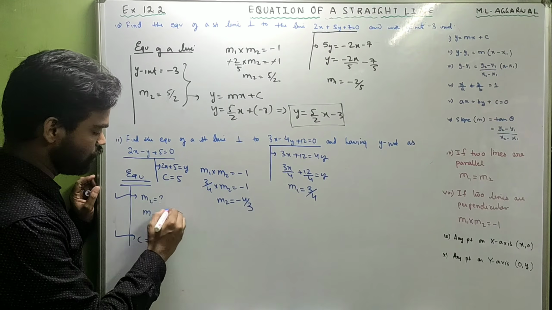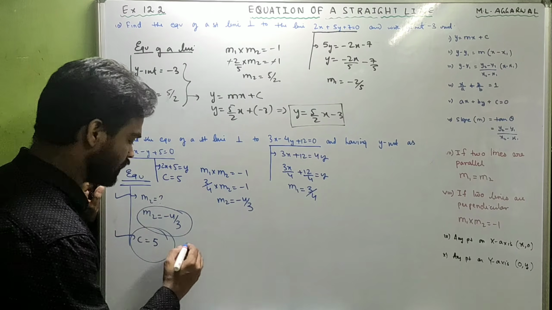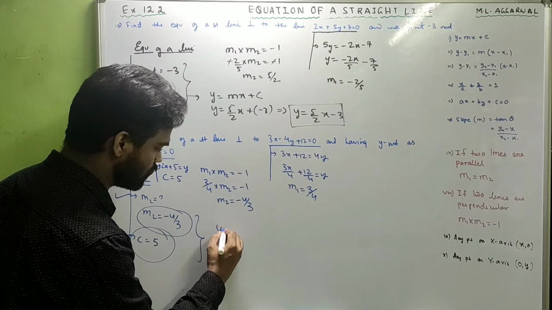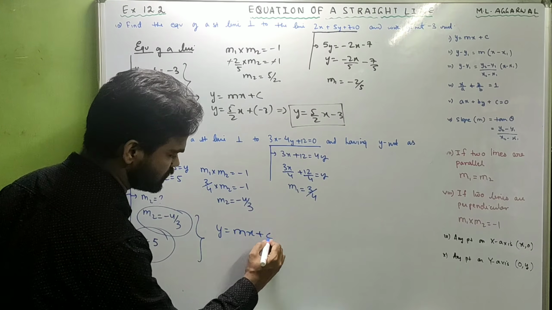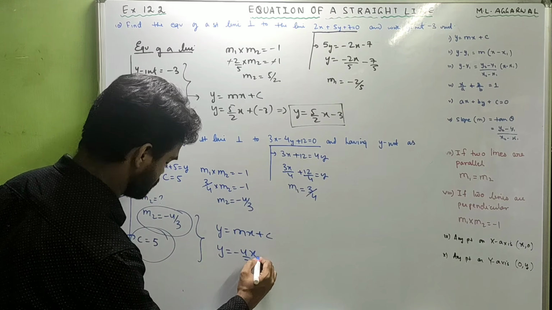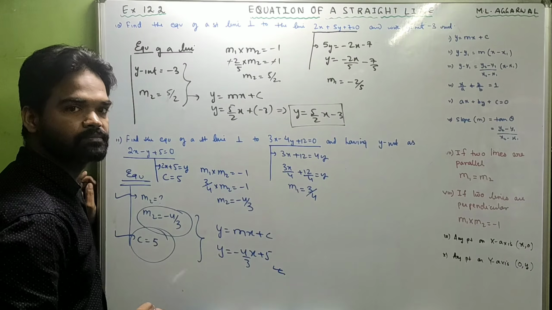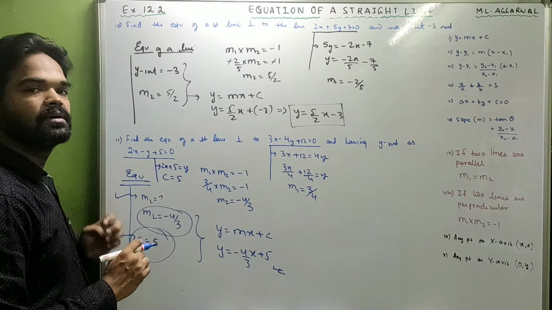Now you have the slope, you have the y-intercept. What will be the equation of the line? Using these two, y = mx + c. So y = -(4/3)x + 5. Am I clear? Now let us look at the next sum.